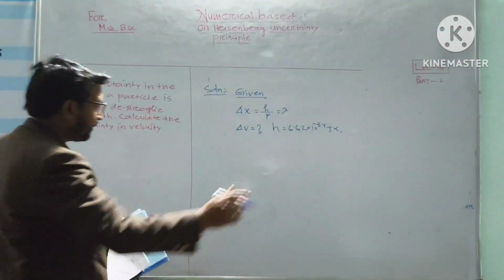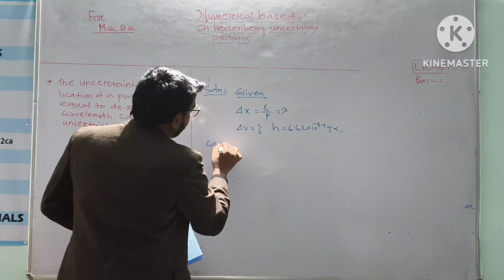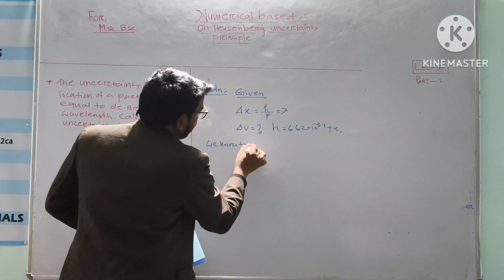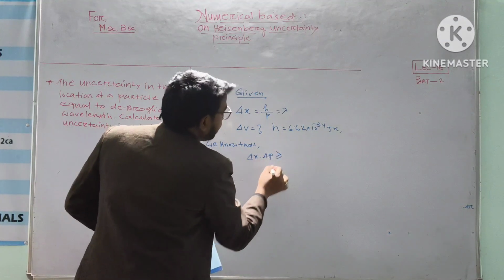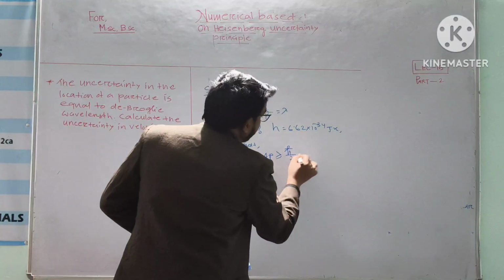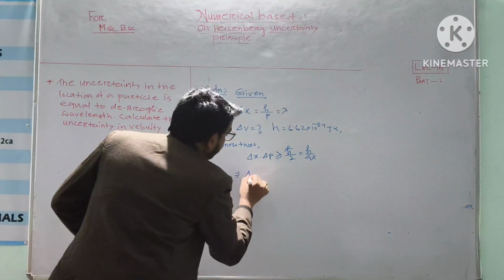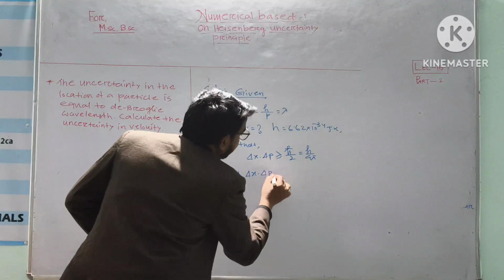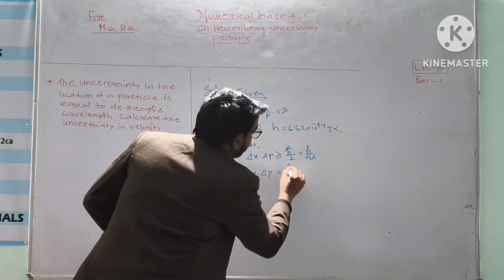By using the uncertainty principle, we know that delta x into delta p is greater than or equal to h cross by 2, equal to h by 4 pi. So we can write delta x into delta p greater than or equal to h by 4 pi.